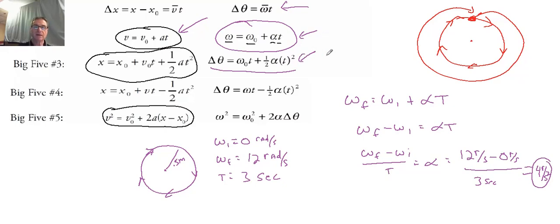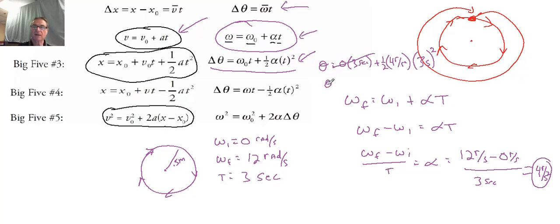So theta is equal to 0 times time, which was 3 seconds, plus 1/2 alpha, which is 4 radians per second squared, times t squared. Well, t is 3 seconds, squared. So the first term goes out right away because it's 0.